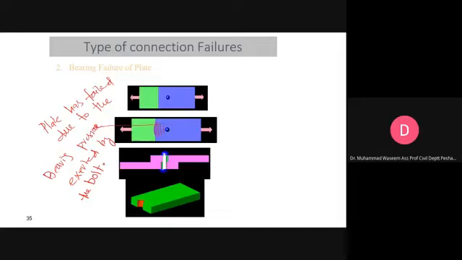So in this case the bolt will not shear, the plates will be moved, the bolt will be intact. You can see this green part, where the plate has failed in bearing.